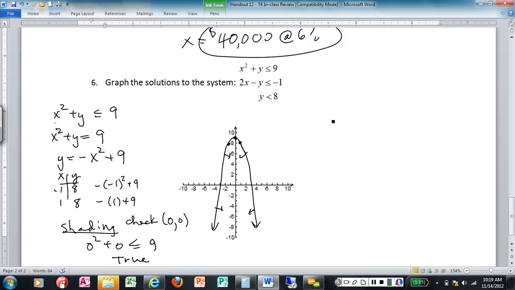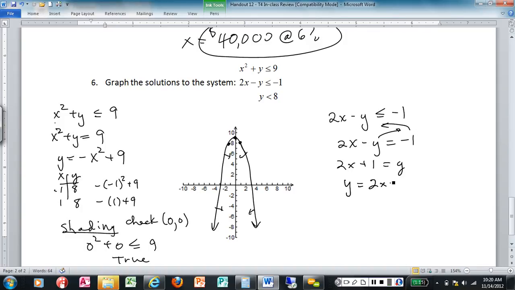All right, what about 2x minus y is less than or equal to -1? Well, that would be a line with shading. Let's see if we move some things around. Let's just move this over there and that over there. So it'll be 2x plus 1 equals y, or y equals 2x plus 1.